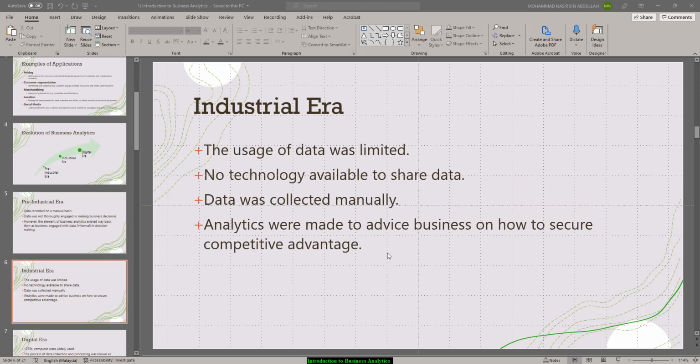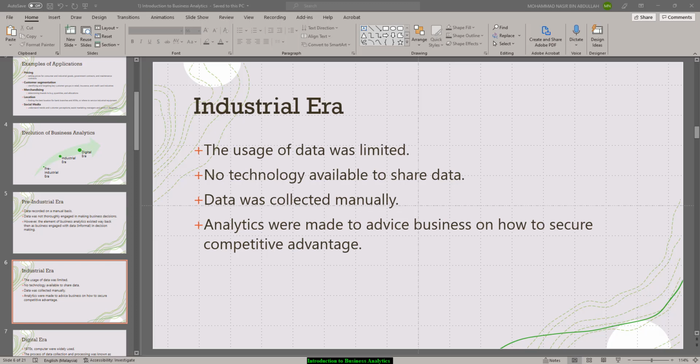Then the world evolved, and we moved into the industrial era, right? The usage of data was still limited. No technology was available to share the data. They were collecting and storing data in computers, but they were not sharing the data.